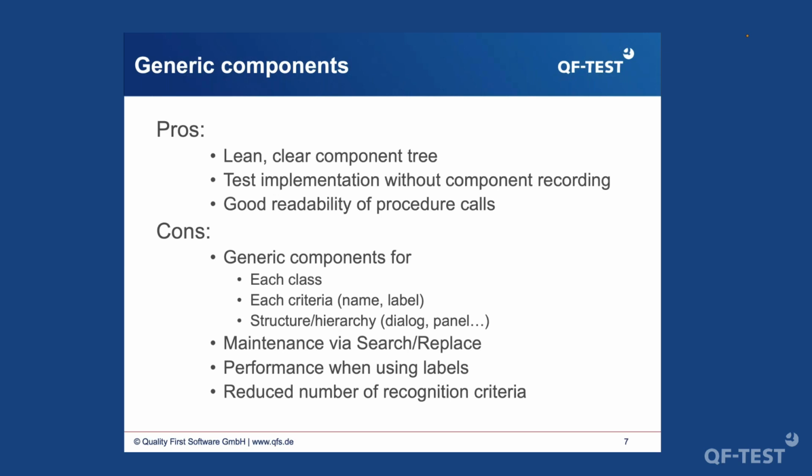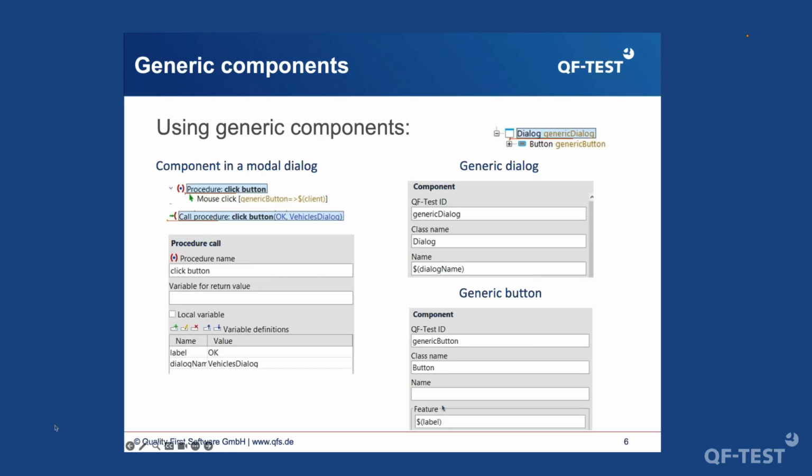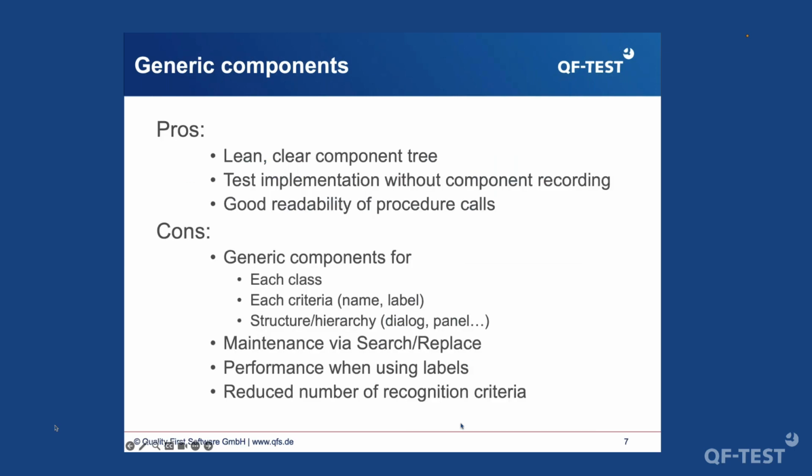And also a disadvantage is that you have a reduced number of recognition criteria. You can see here, if you just put in this one to find a component and you don't have the name and any extra features, you get, let's say, a reduced number of parameters which QFTest can use to find the component. And you always need to make sure that you have the right attributes or criteria which are matching.